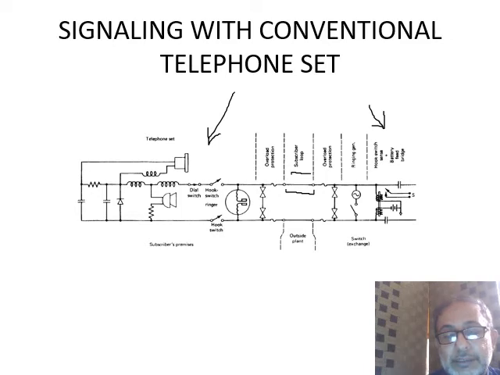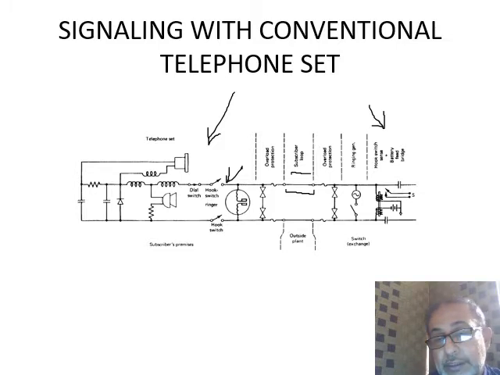When it is in the break condition, it does not carry current to this telephone set, but the current comes up to this point. So this gives you a very clear idea of the whole system.